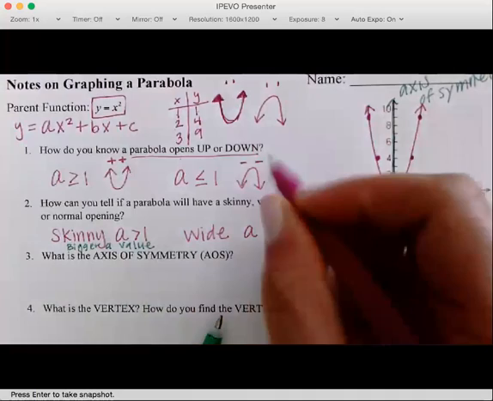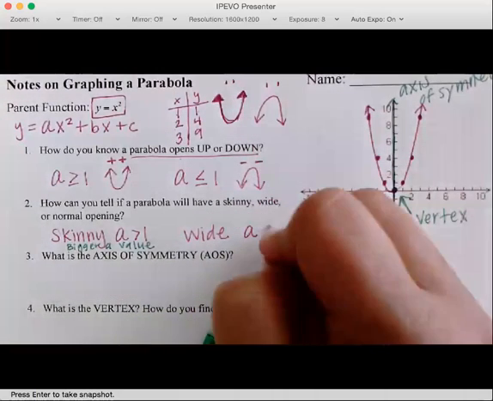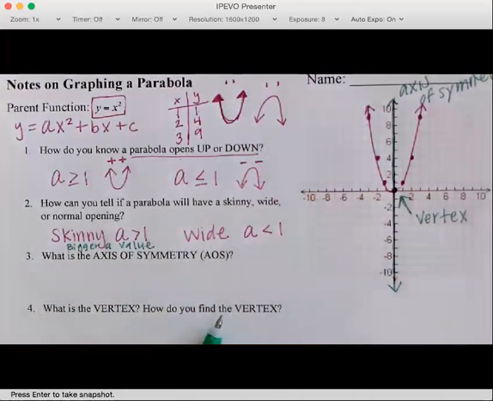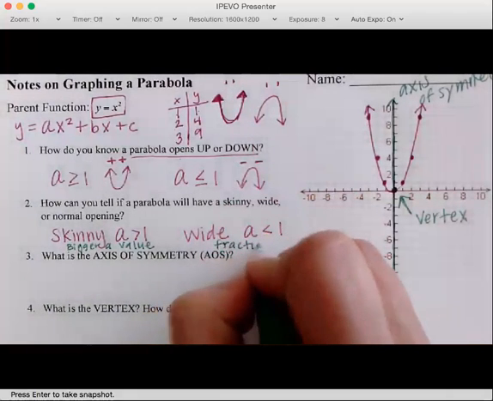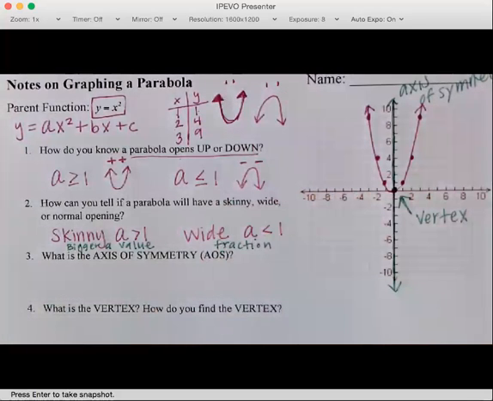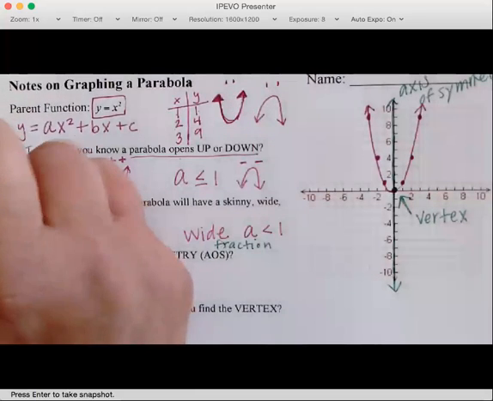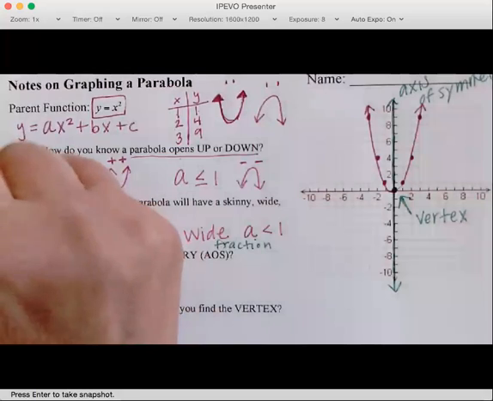That negative is just telling us it's going to be down. So I guess we'll just say less than 1. And I always put that it's basically going to be a fraction. So when you have a fraction, it's going to be wide. When you have a bigger A value, like 2, 3, 4, 5, 5 is going to be a really skinny graph. 2 might be kind of a skinny graph, but not as much as the 5. Both of these are looking at your A value.